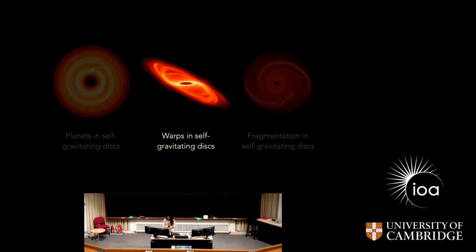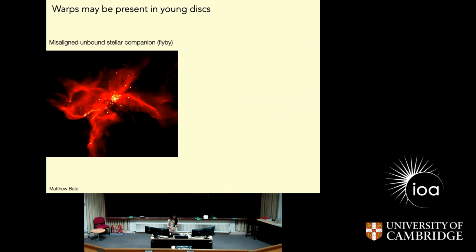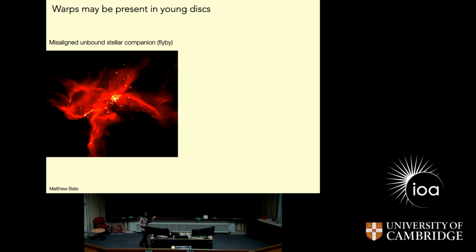The second topic that I want to cover is the idea of warps in self-gravitating disks. Warps might be present in these disks for a couple of reasons. I showed you that initial simulation of the molecular cloud collapsing, and you see that there's a lot of stars.